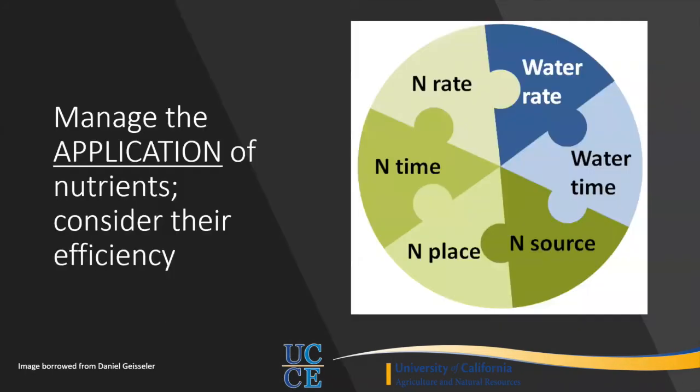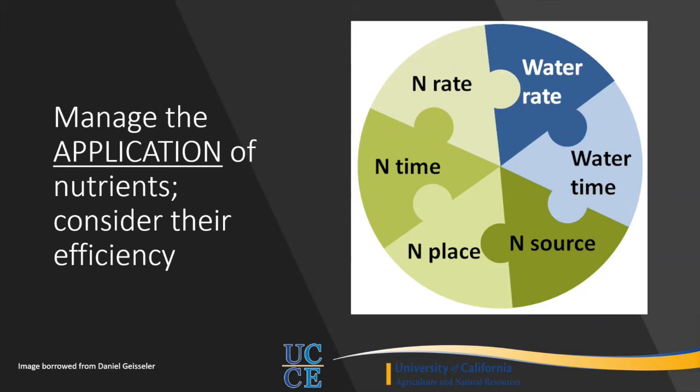When we move from the budget phase of a plan into the application phase of a nutrient plan, we're really shifting gears here. This is where the rubber meets the road, so to speak. If the first two parts, the goal and the budget of a nutrient management plan, are the pen and paper, when we shift into the application phase, we're really talking about soil and plow.